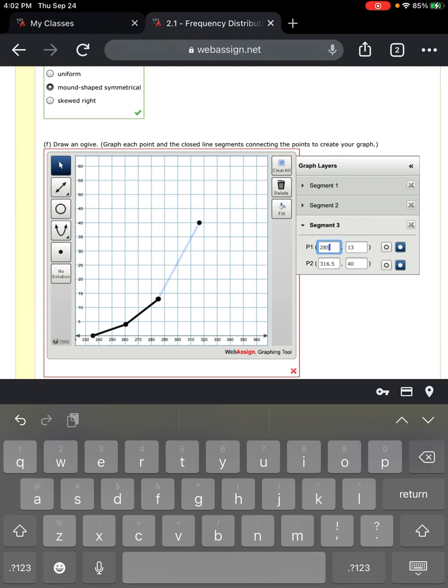Okay, so 285.5 and 13. And then we want this one, that's the third row, to end at 310.5 and 38.